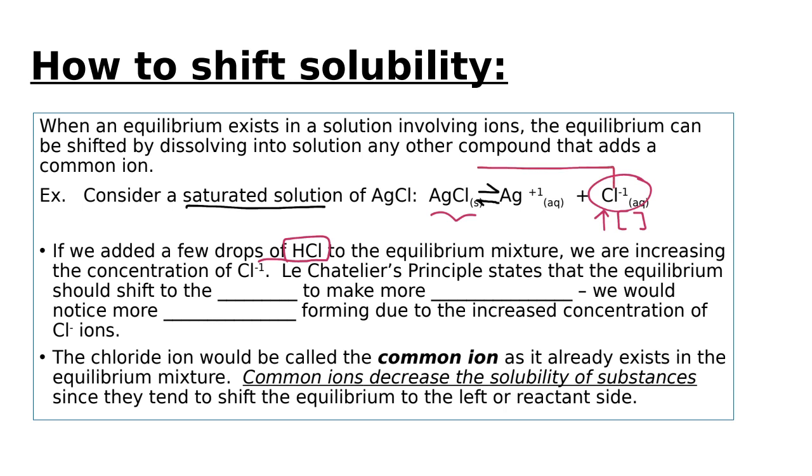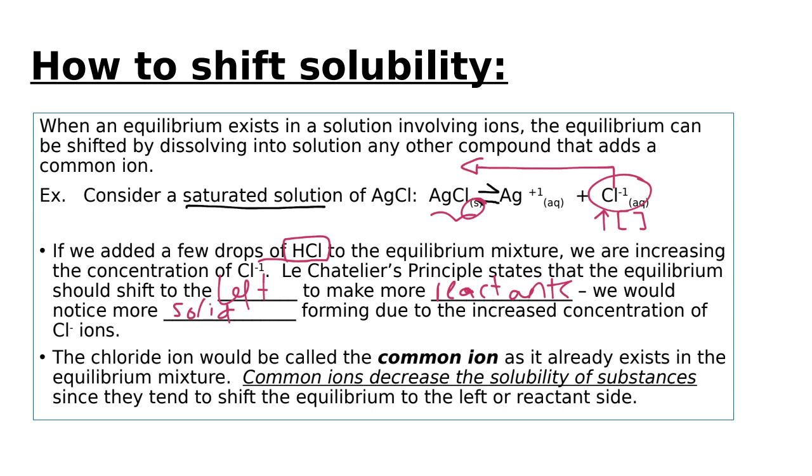It's going to shift to the left side to make more reactants. Because the solid substance is on the reactant side, we would actually notice more solid forming due to that increased concentration of chloride ion.